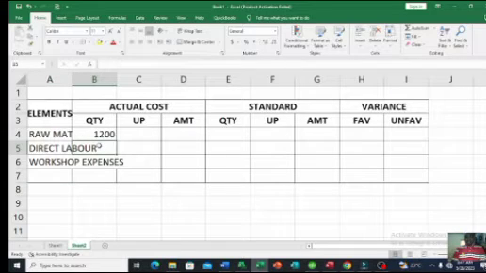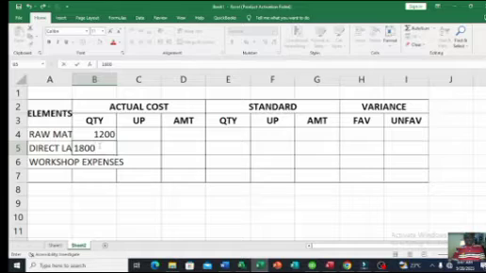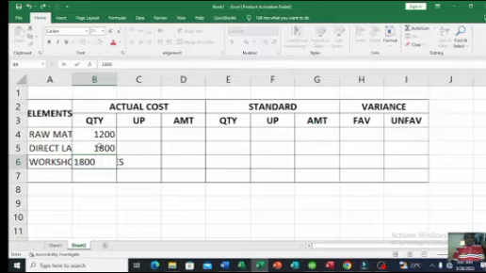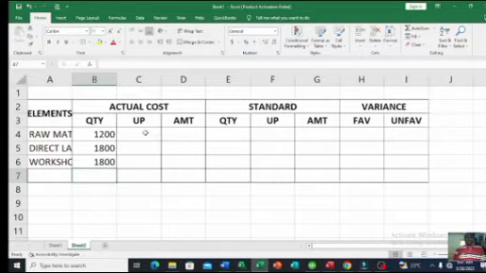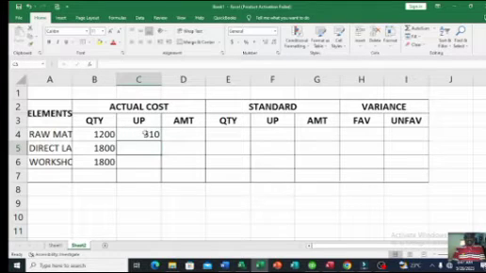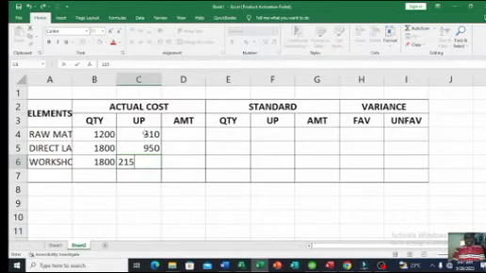The direct labor hours are 1,800 in our actual, and the workshop was also 1,800, right? So for the unit prices, the first one we have 510 francs, we have 950 for the second, and for the third we have 2,150.